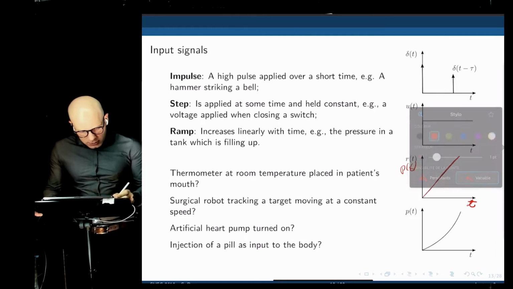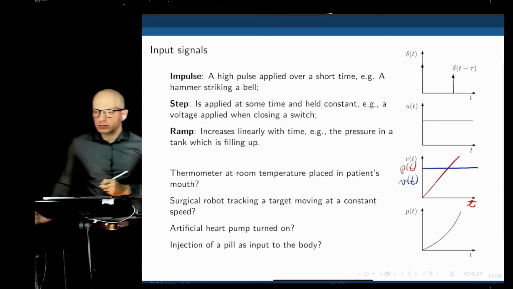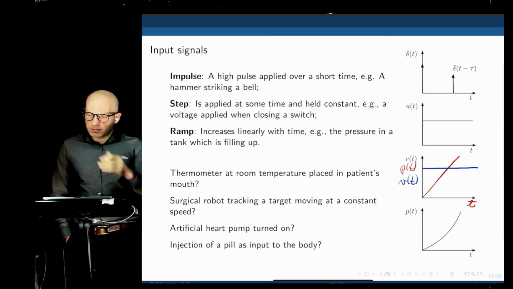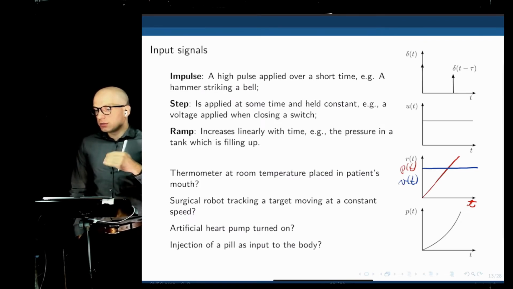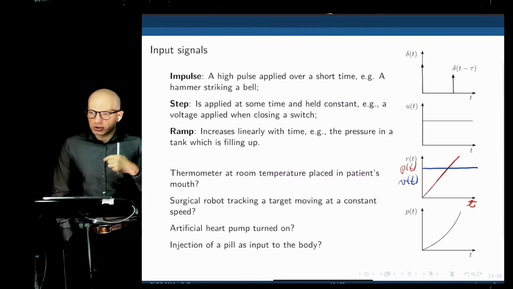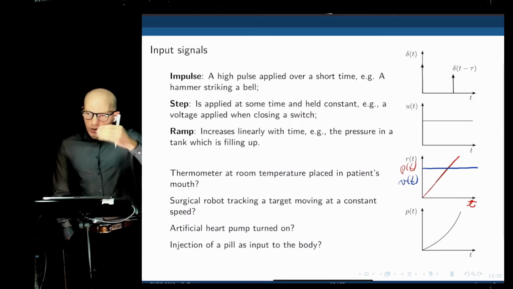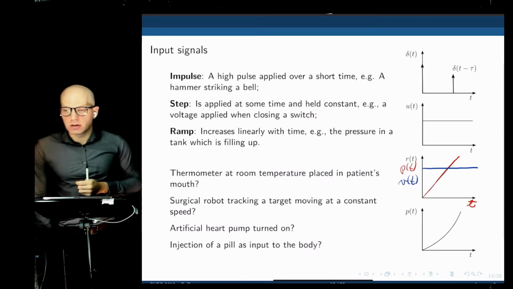If this was the speed, it would be constant. Once you reach that speed, we just stay at that speed. If you now want to control the position of the robot, the robot is doing exactly the same thing, but from the position's perspective, the position keeps increasing. Our target is always moving over time. So that would be a ramp.